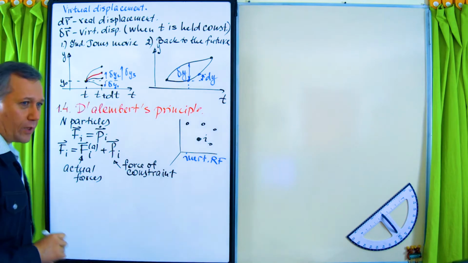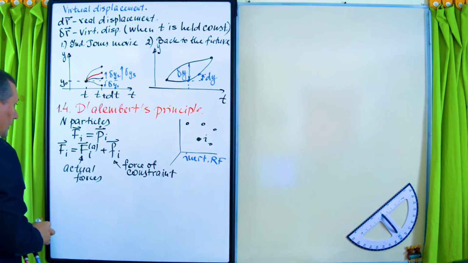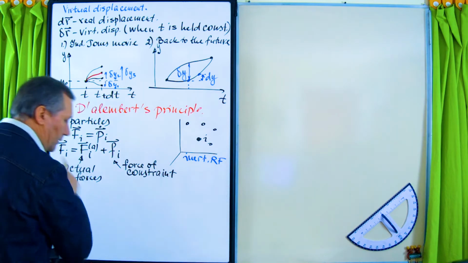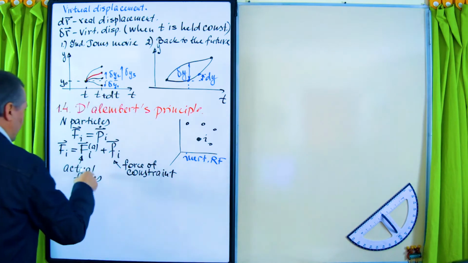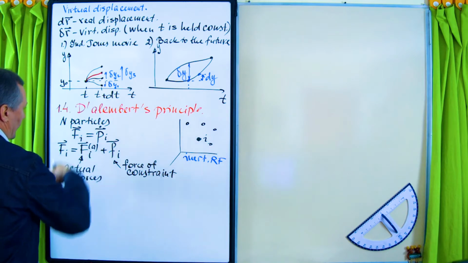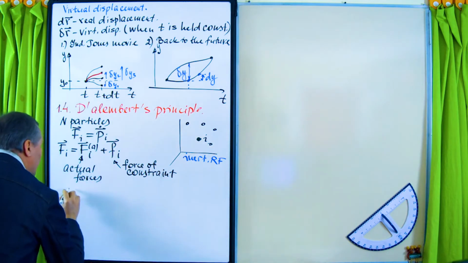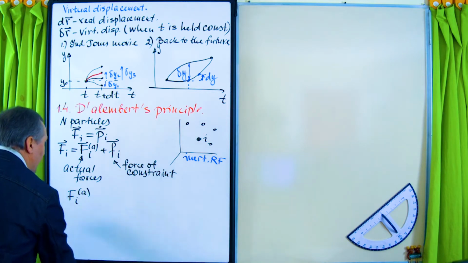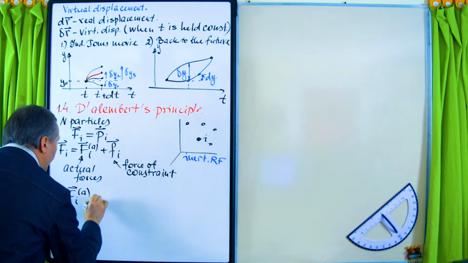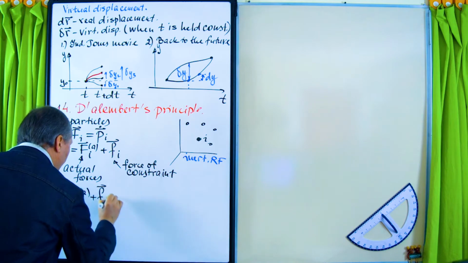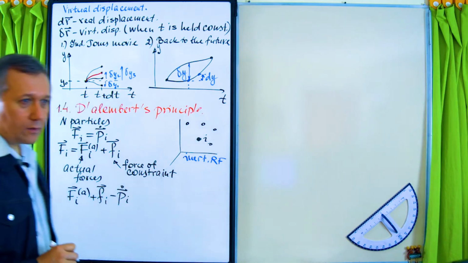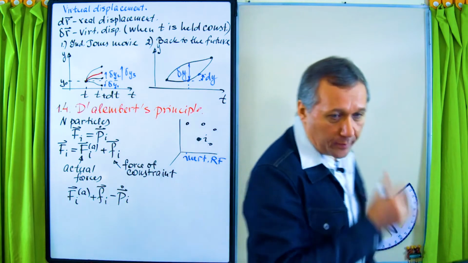All right. Now let's plug them in. First I will write the forces, and I will also move P dot to that side. So it will be F_i^a plus f_i minus P_i dot, and of course, that must be equal to 0.